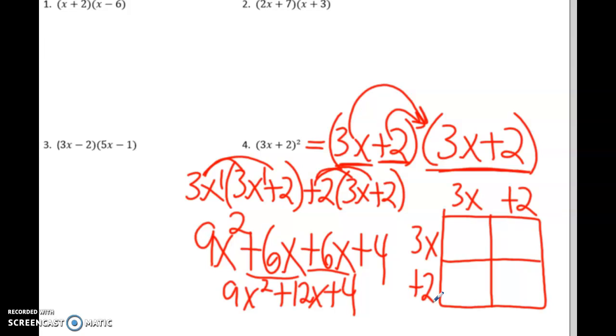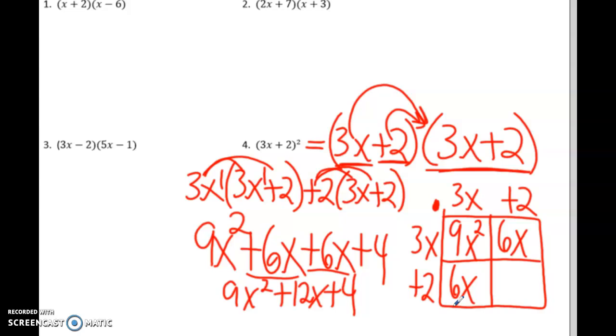Once you do that, multiply to create answers inside the boxes. 3 times 3, and maybe sometimes put a little dot here to remember that this is multiplying. 9, x times x, x squared. 3x times 2 is 6x. 3x times 2 is 6x.